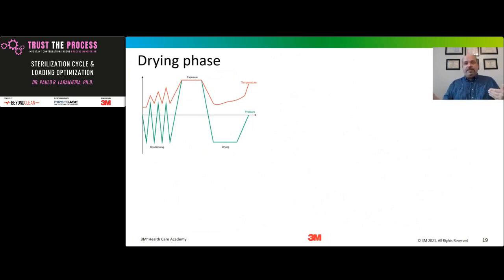You increase the drying phase, and then the packages are dry, but that solution is also consuming a lot of water, and it might not actually address the cause, because wet packs or these failed cycles are not reproducible. It varies by the packaging and the product inside my chamber.